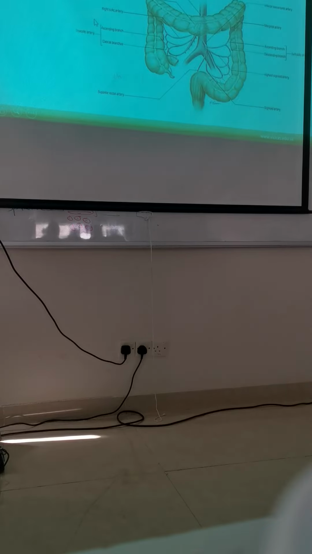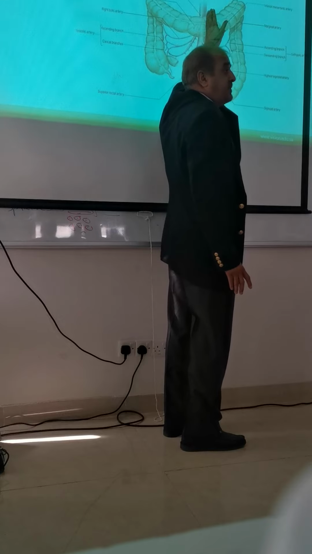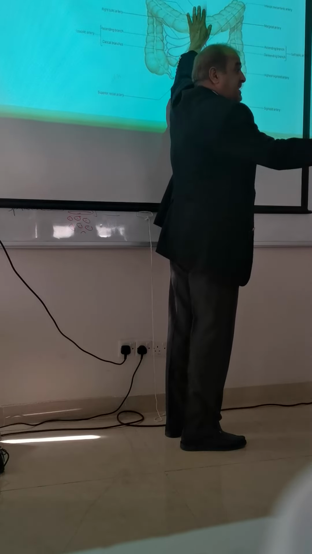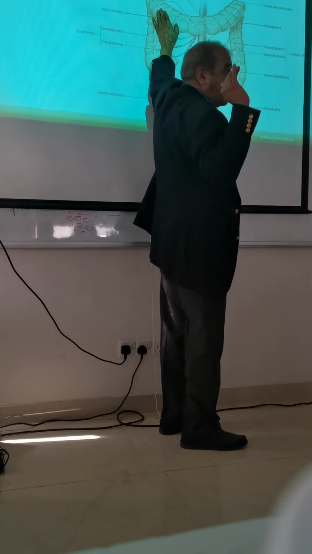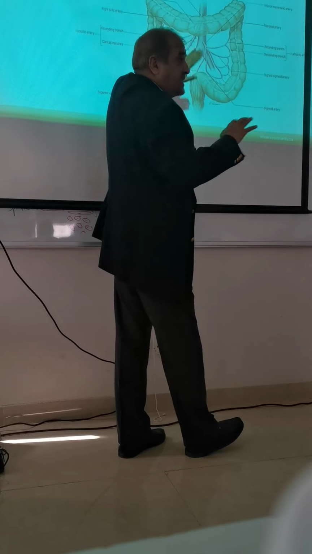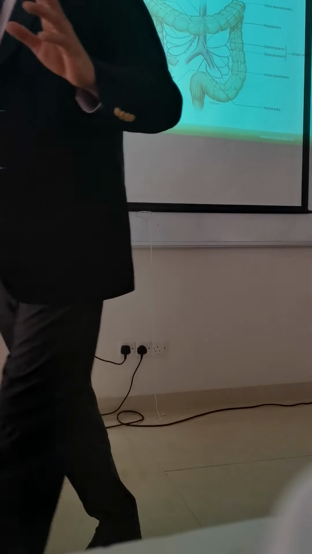The blood supply, now tell me the blood supply. Branches from the superior mesenteric: right colic artery, middle colic artery, and that's it. The rest will be supplied by the inferior mesenteric.